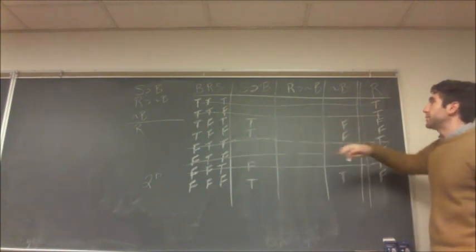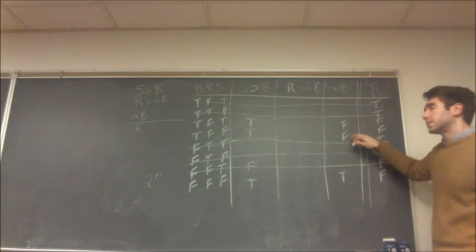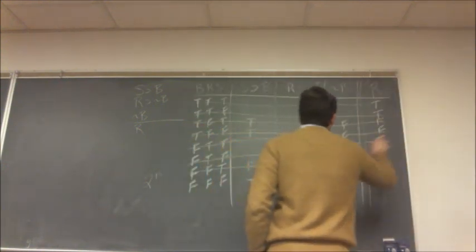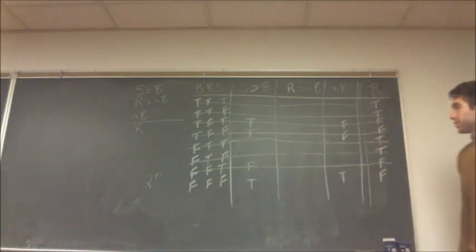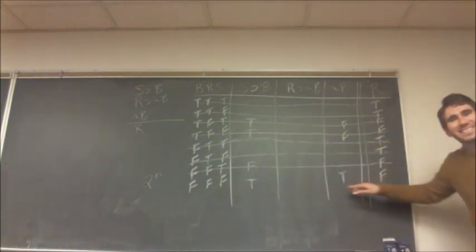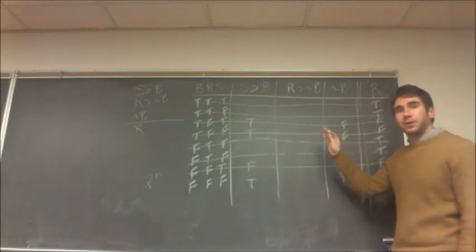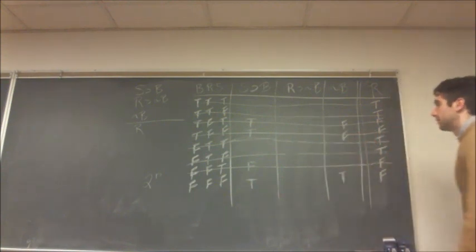The first premise is true, but the third premise is false. So we can ignore this row and this row right after it. Look how much we've reduced our workload at this point. We only have to figure out this last one. All these other ones are irrelevant to whether or not the argument's valid or invalid.